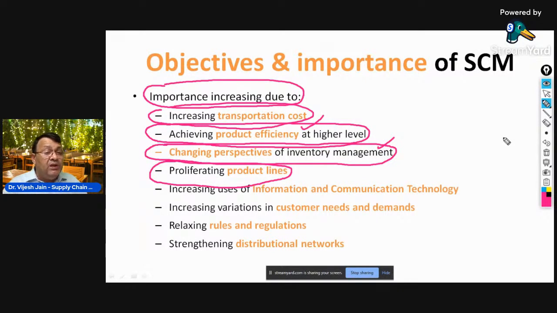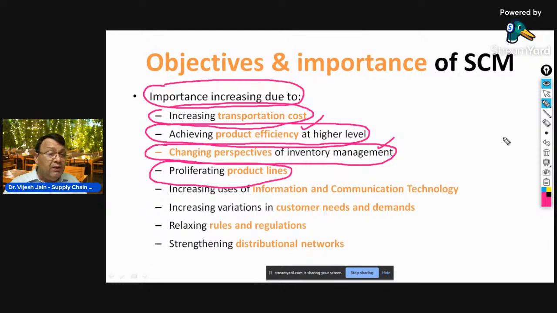For example, if we talk of the product lines in the area of mobile technology, mobile devices, or the laptop computers or electronic sector, if you look at, so the variety and the needs of different products, different packing, different methods of handling, and different varieties of the goods that are transported from one country to another country, those product lines, proliferation of that is really a complicated matter.